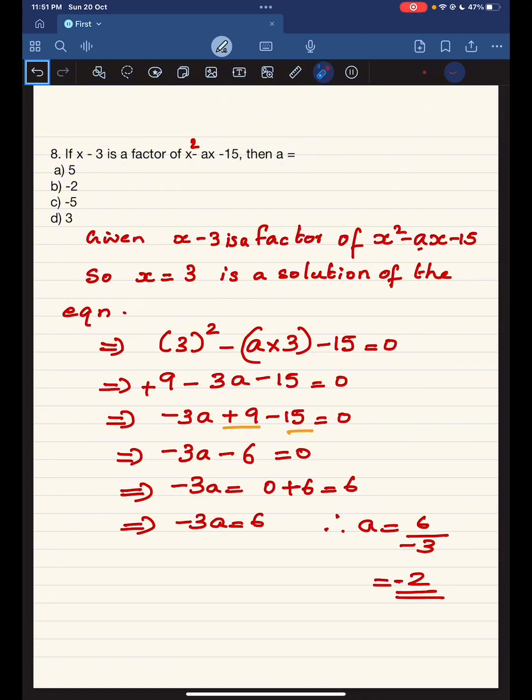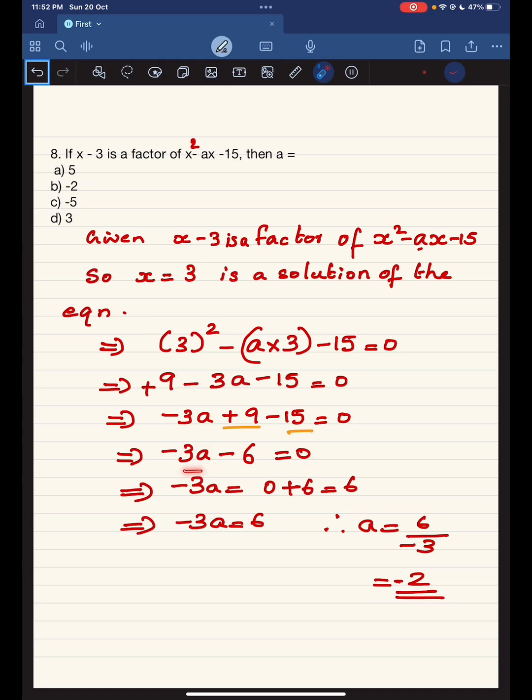So when we subtract, we get 6 and the sign of the greater number is negative, because here 15 is the greater number. So we get minus 6. So negative 3a minus 6 is equal to 0.